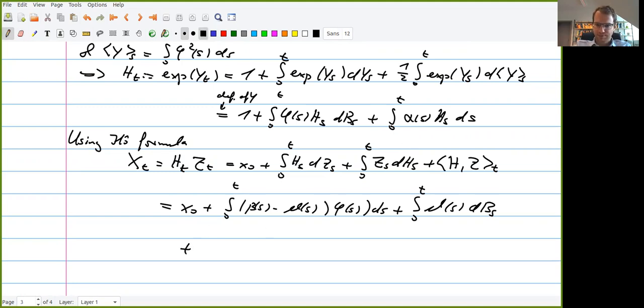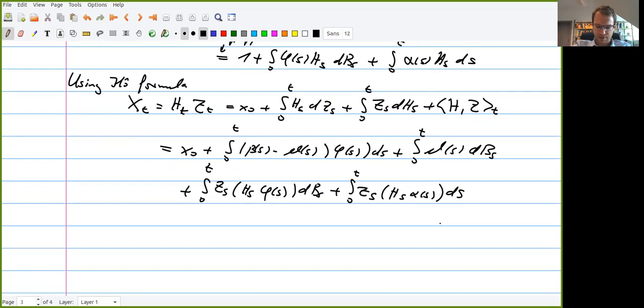Plus the next term, the integral of z_s with respect to h, so I get z_s h ds, phi_s dA plus h ds.